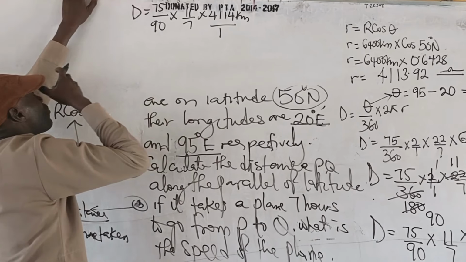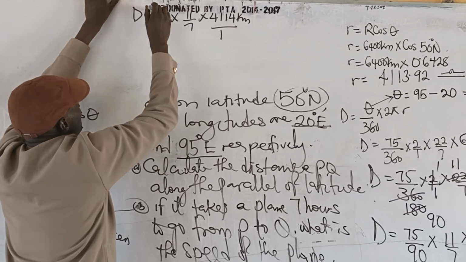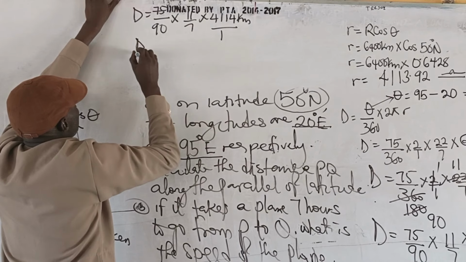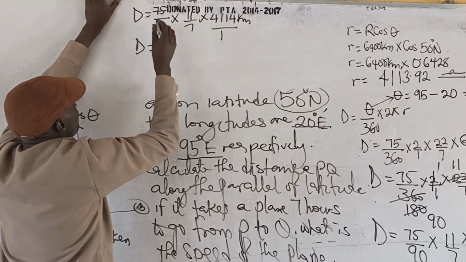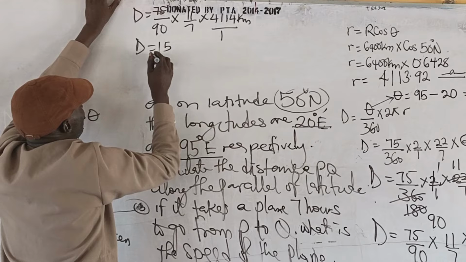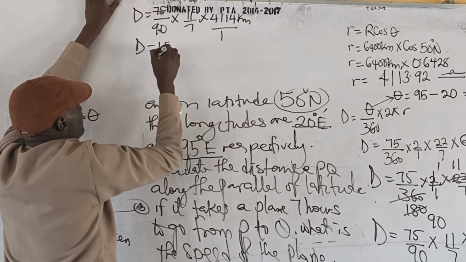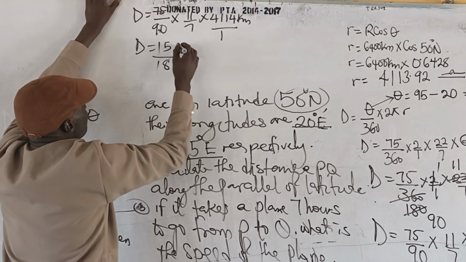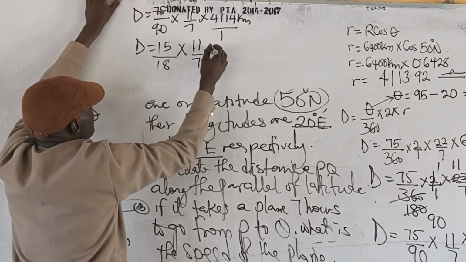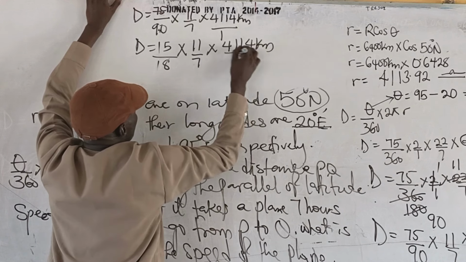So 5 goes into 75, and 5 also goes into 90. 5 goes into 75 fifteen times, and 5 goes into 90 eighteen times. So we have 15 over 18 times 11 over 7 times 4114 kilometers over 1.